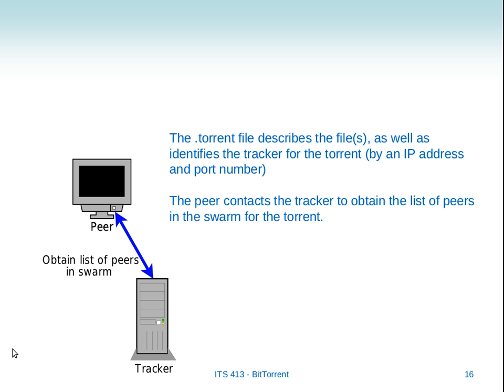What we've done is we've contacted the tracker. Tracker gives us a list of peers. The tracker maintains a list of peers in the system, in the network. It may not be up to date. It's a peer-to-peer system. Nodes join and leave at different times. It's difficult for a central node to keep track of what all those peers are doing.